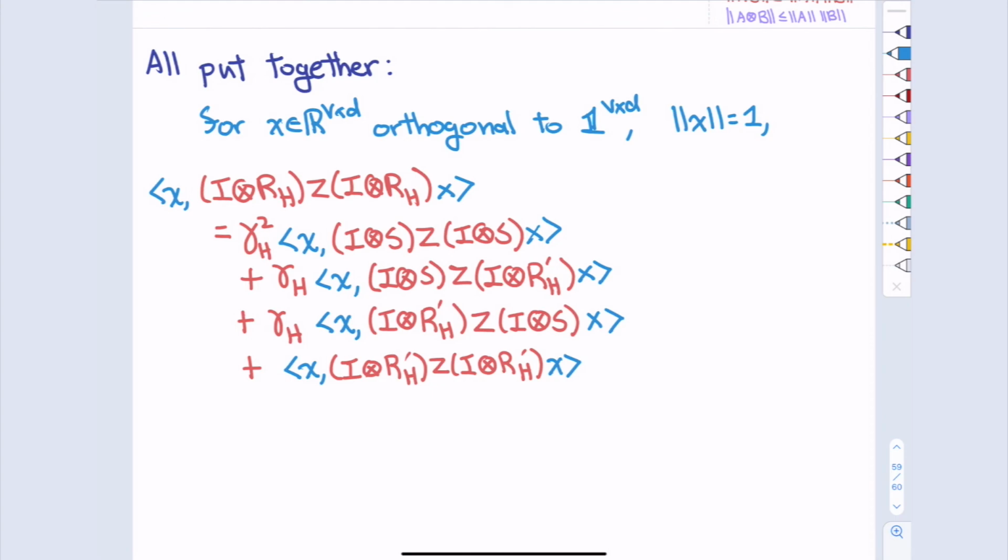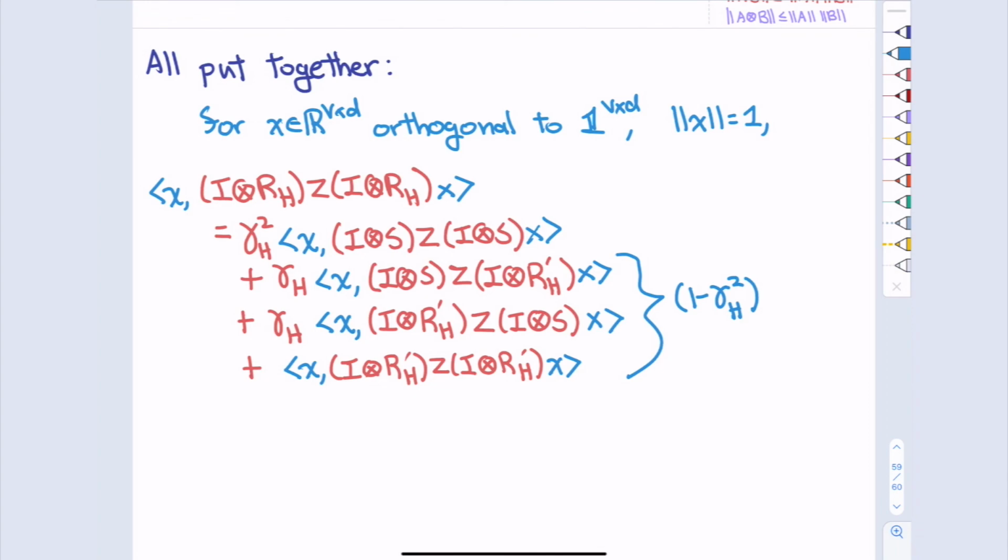Okay. So at some level, if I want to understand the spectral gap of the whole thing, then if I look at any x orthogonal to the all ones vector, because that's the stationary distribution, what do I know? So all of this part will be at most 1 minus gamma h squared, because that's what we bounded all those operator norms to be.